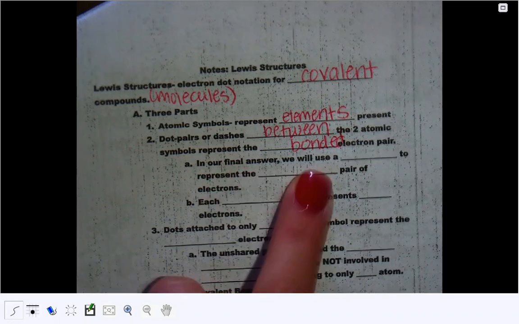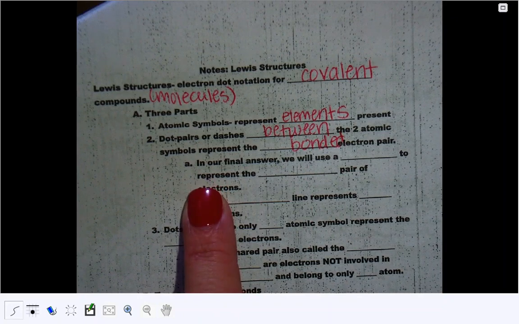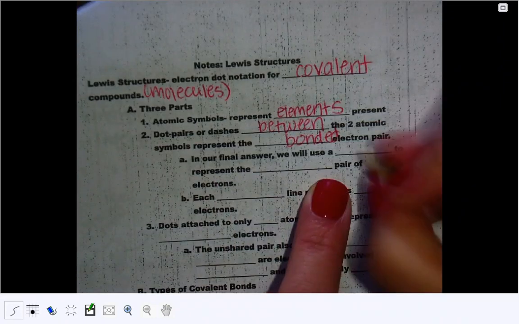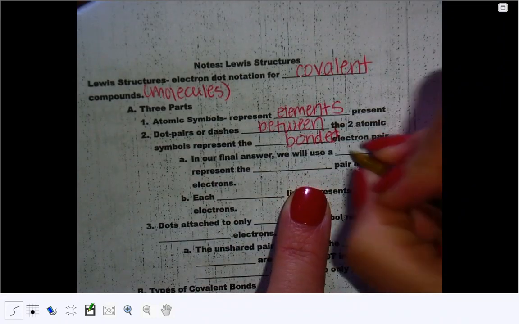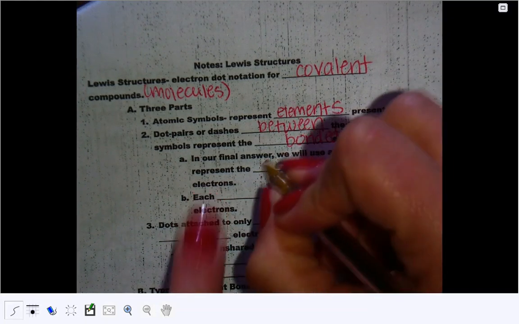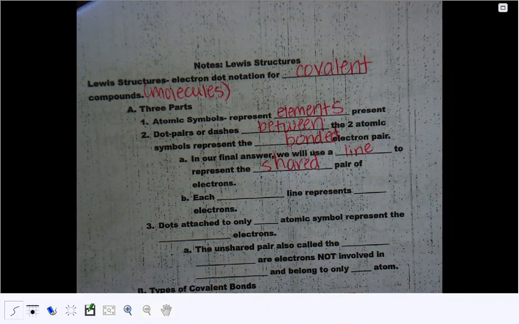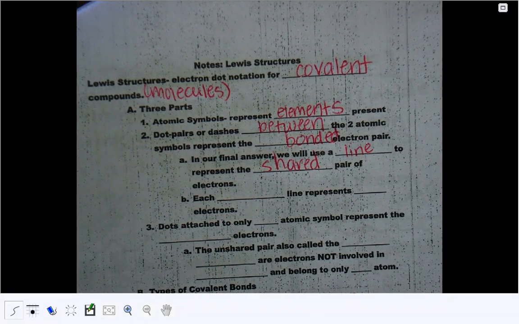Bonded electron pairs. And in our final answer, we will use a line or a dash to represent the shared pair of electrons. So bonded, shared, same thing, all right?